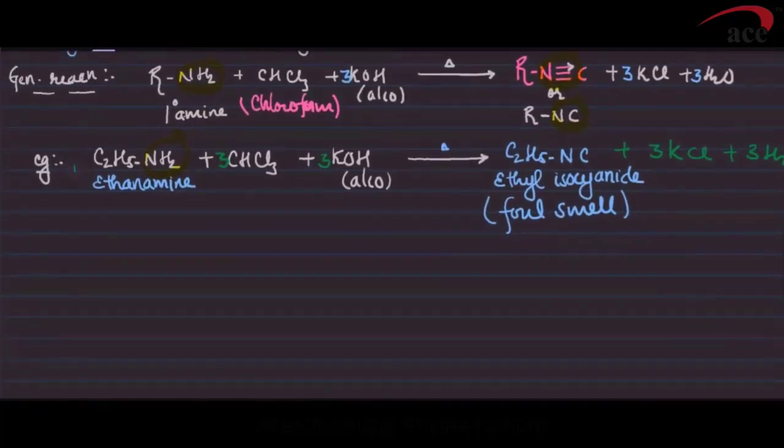Suppose you take a second example, let it be an aromatic amine. We have benzene with NH2. What do you call it? Aniline.